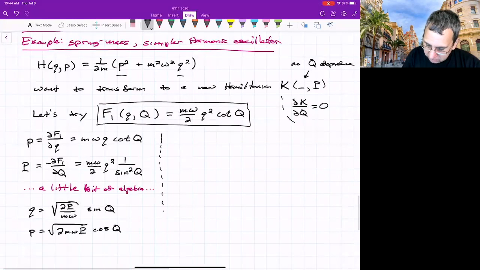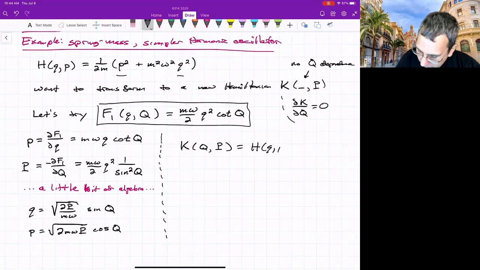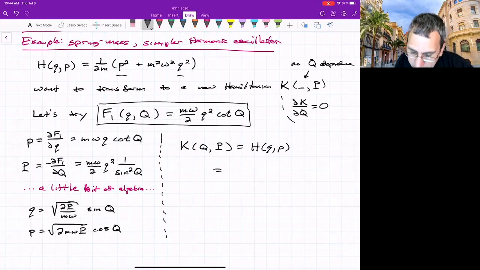Following the recipe for how you transform, because our function F1 doesn't depend on time, K in the new coordinates is just going to be the same, just written in the new coordinates. So if we were to write, what do we have? We have 1 over 2m, and then p squared gives us 2m omega P cosine squared Q. These 2m's seem to cancel.